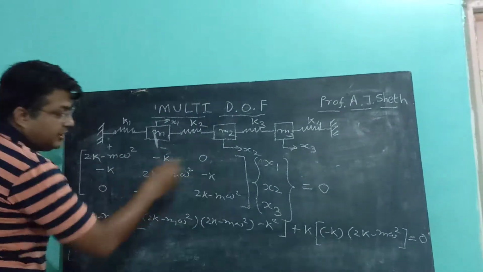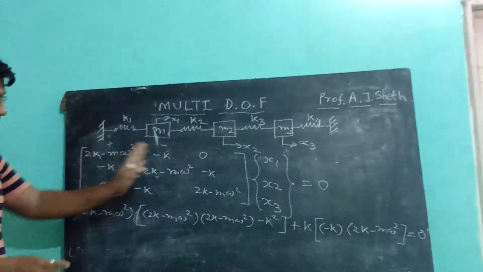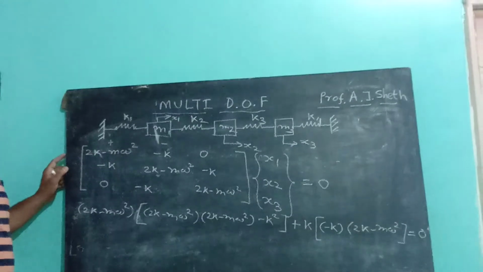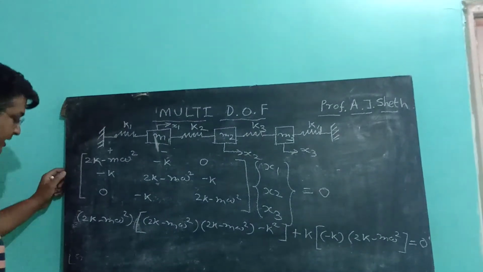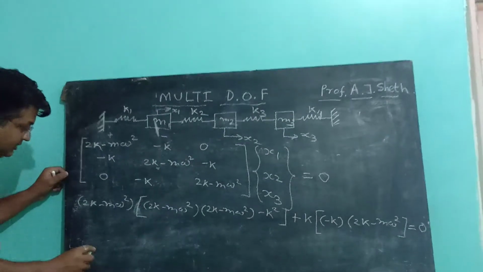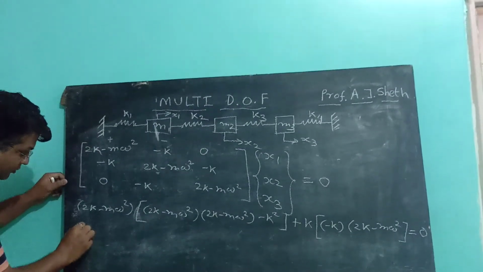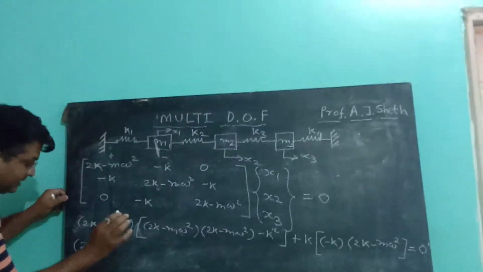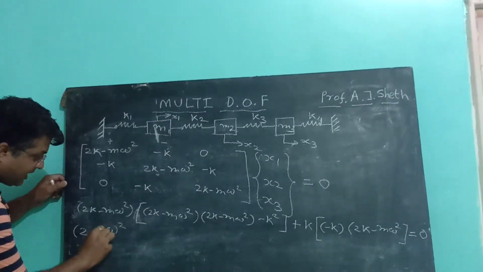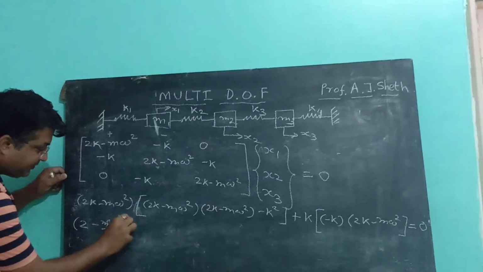Determinant of matrix method. Now divide the entire equation by k, and the assumption we will take is lambda. So 2 minus m omega square by k.